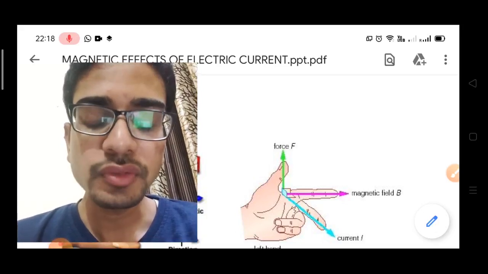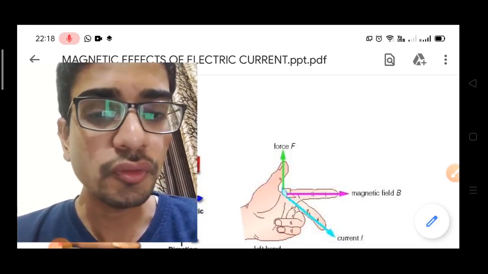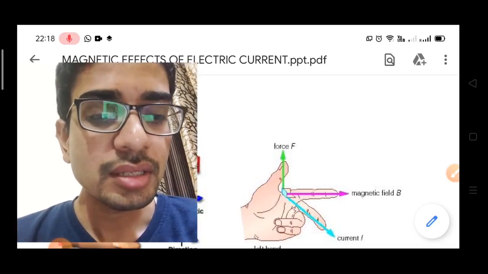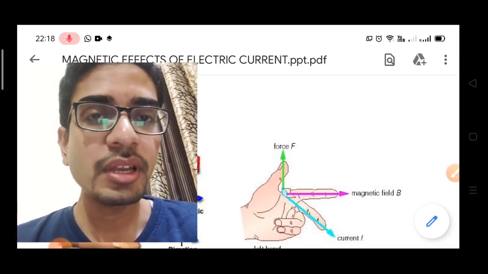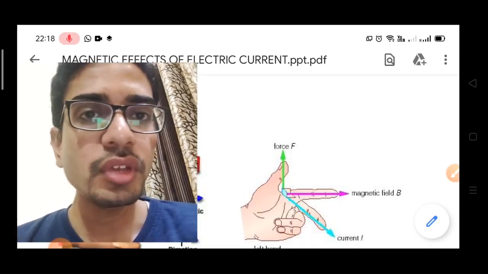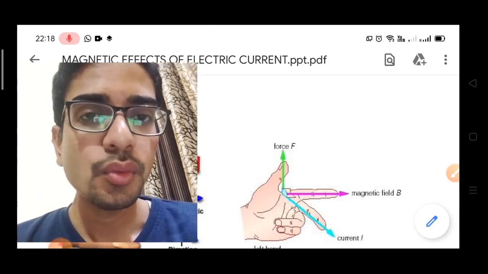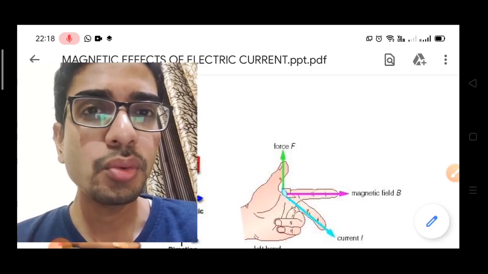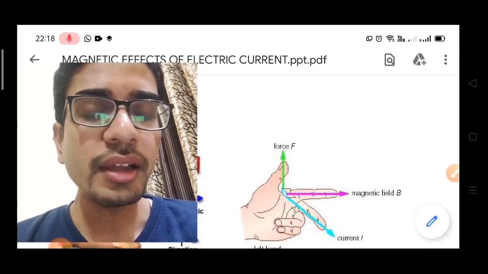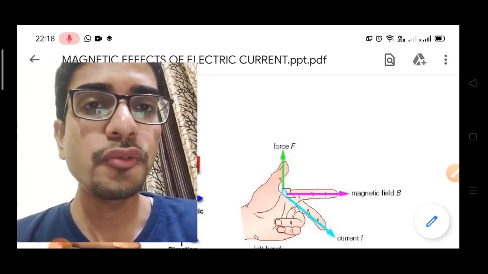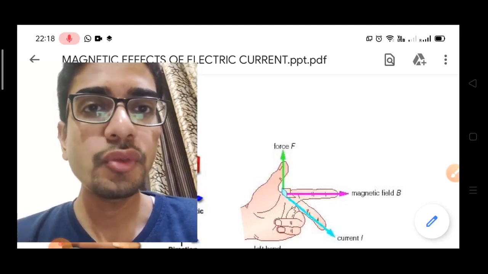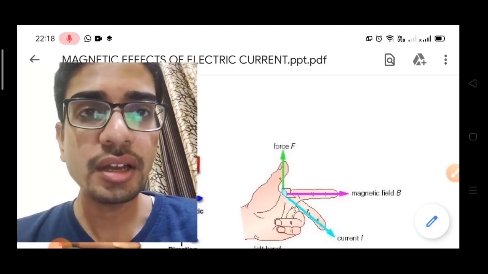So what is the use, the significance, the importance of this concept? Since the current carrying conductor is experiencing a force, we can use this force to do our work. For example, if we want to move something or rotate something, for example a fan, an electric fan. How does it get rotated?